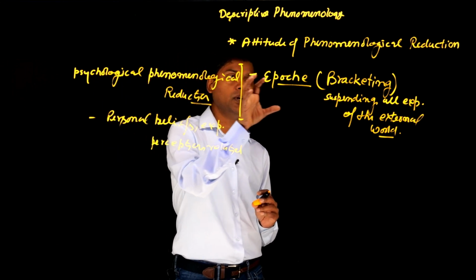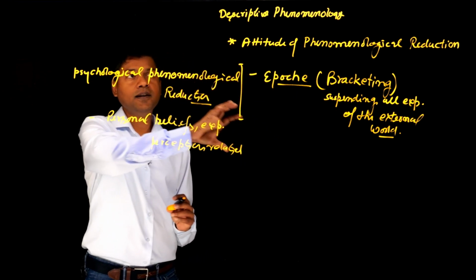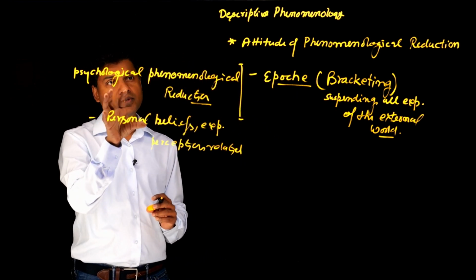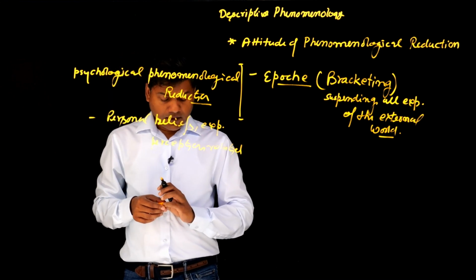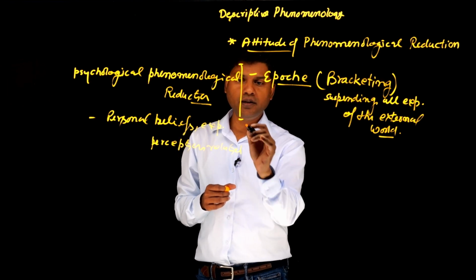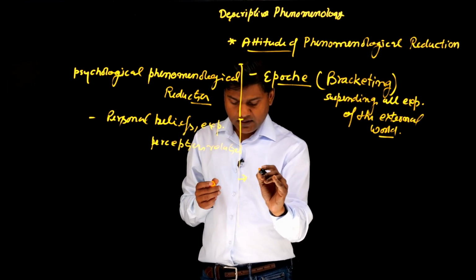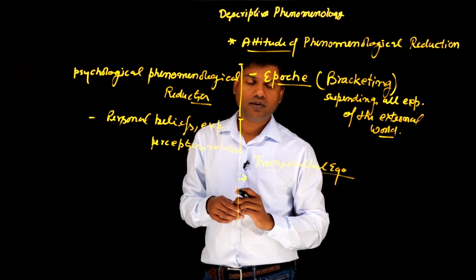So rather than going for the epoch that Husserl wanted, Giorgi talked about psychological phenomenological reduction. Another thing that Husserl talked about as part of the phenomenological reduction was the transcendental ego. What is the transcendental ego?